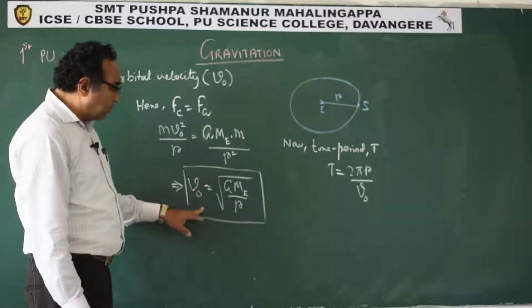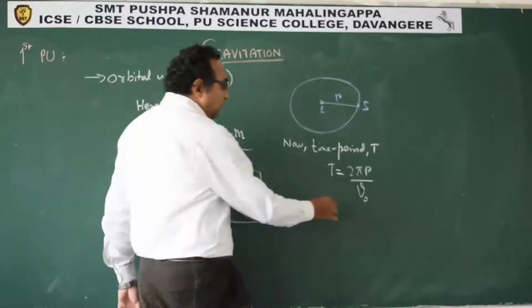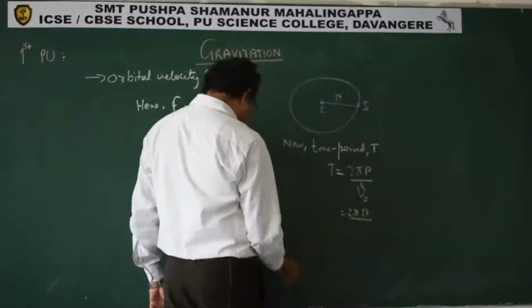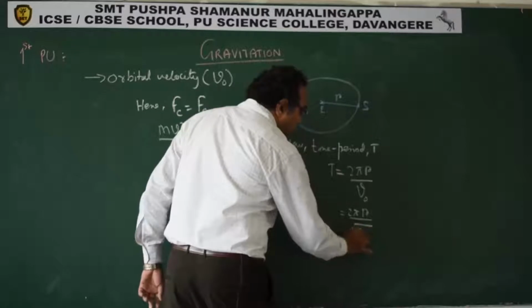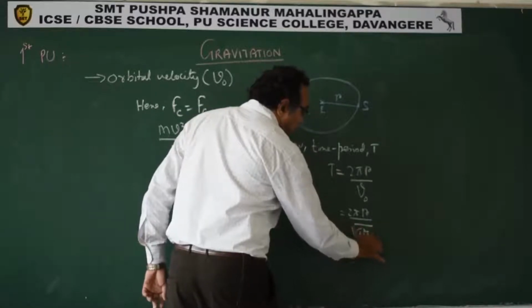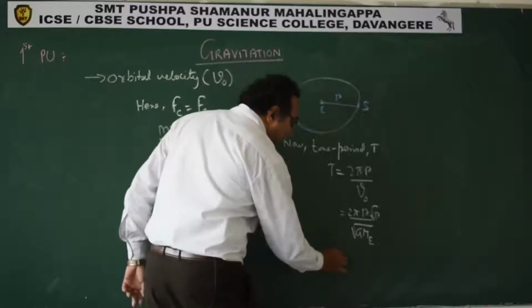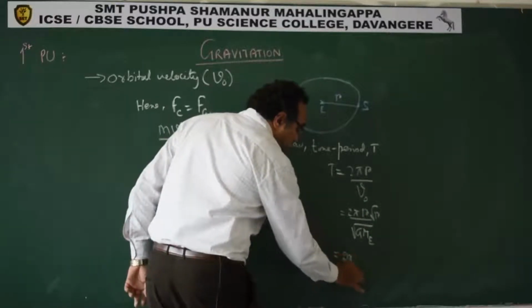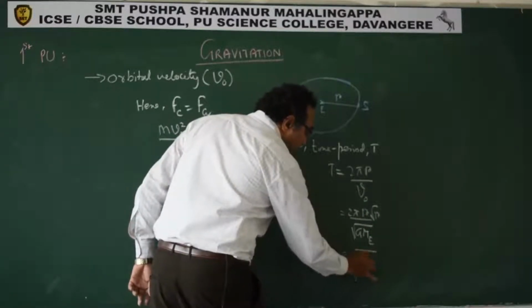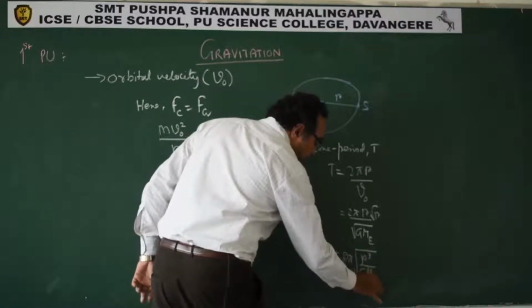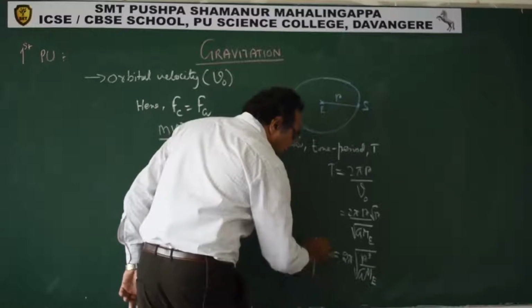Now we can substitute the value of V naught. So this gives us T equals 2 pi r by V naught, where V naught is root of GM_E by r, and here I will get root r, correct? So this can be written as 2 pi root of r cube by G into M. This is the time period.